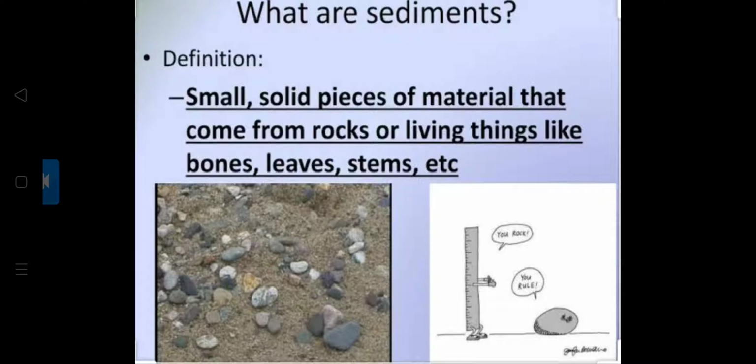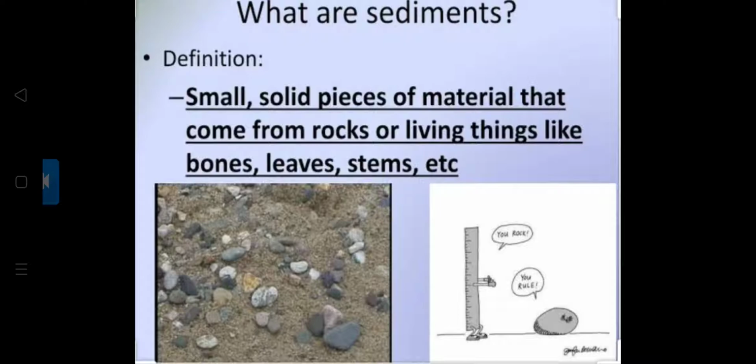Examples are gypsum and salt. These accumulate in salt lakes and lagoons when the water evaporates. There is a chemical process happening, and they are chemically formed sedimentary rocks.